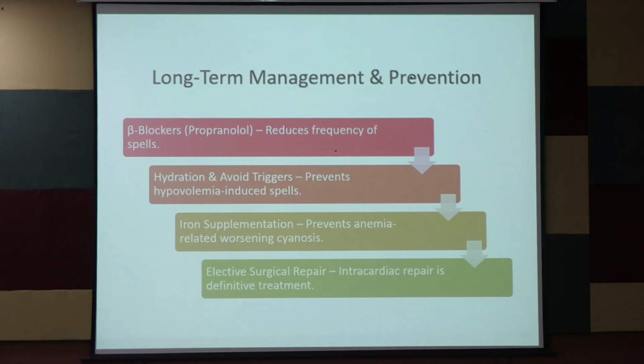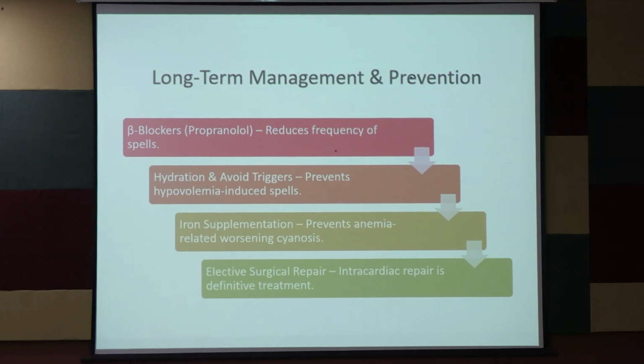Now remember, in all these conditions hydration should be maintained carefully, because if the child is dehydrated, the polycythemia will increase. You have to maintain hydration with IV fluid and other things. So this is an important question for the exam also.